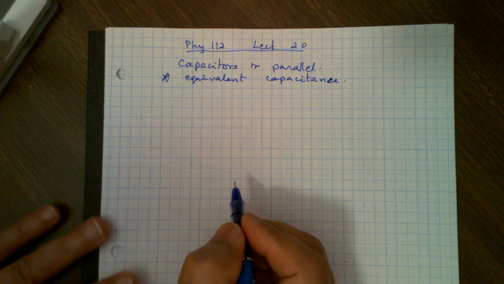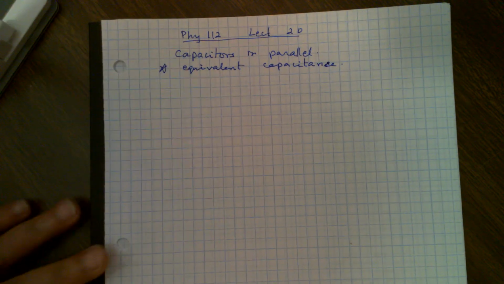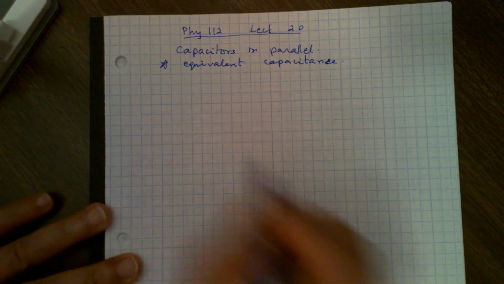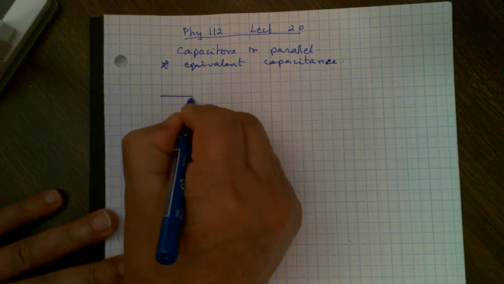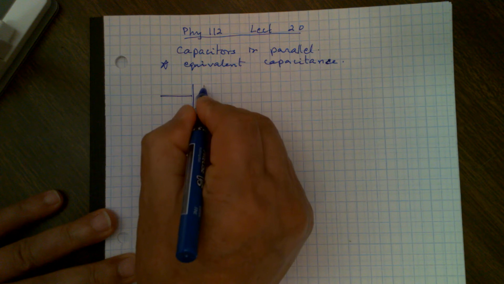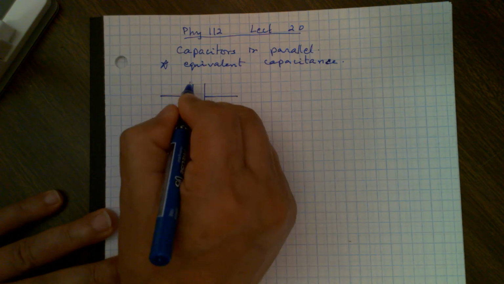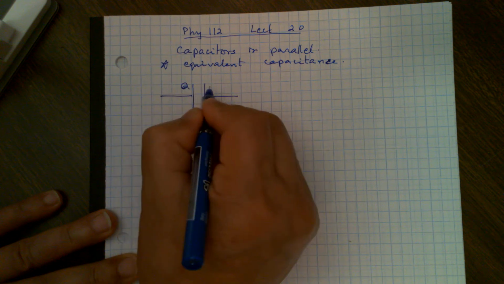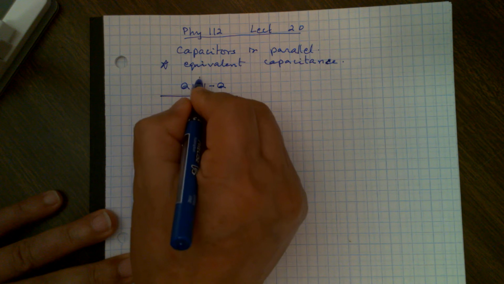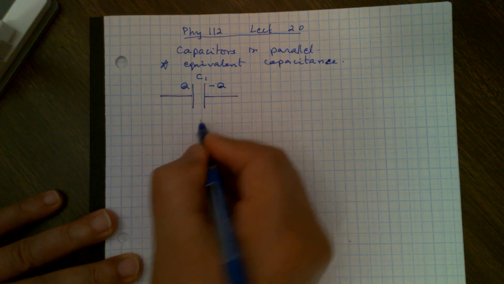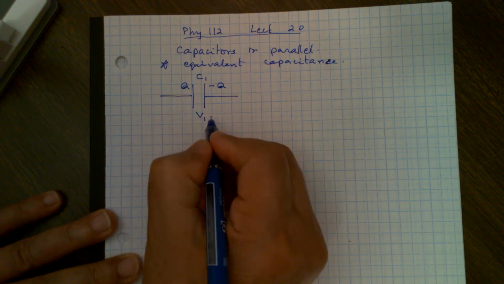Now, when I talked about capacitors in series, what I explained to you was that first, imagine you have a capacitor, a parallel plate capacitor. The charges on these plates are one positive Q, then negative Q. The capacitance, we call it C1, and the potential difference between these plates, V1.